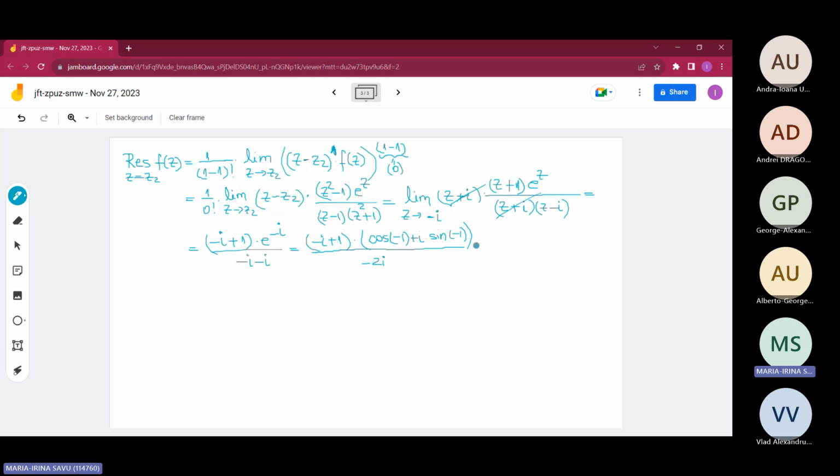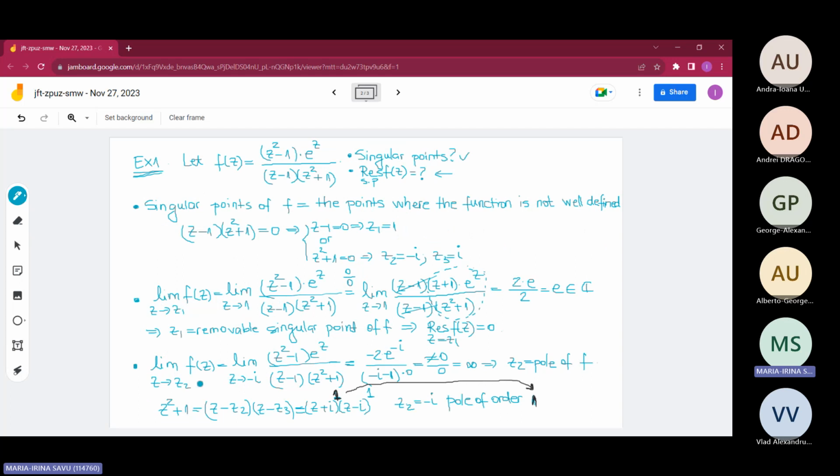Okay, and this is minus i plus 1 times cosine of 1 minus i sine of 1, and this is over minus 2i. So this is the first residue in a pole, and let's see the following singular point.